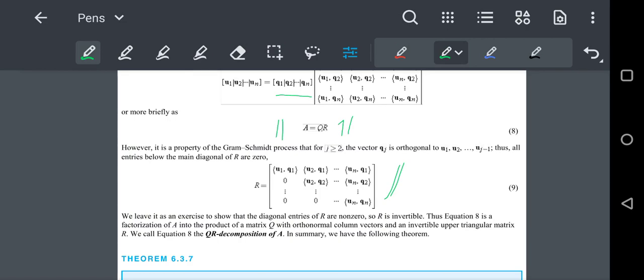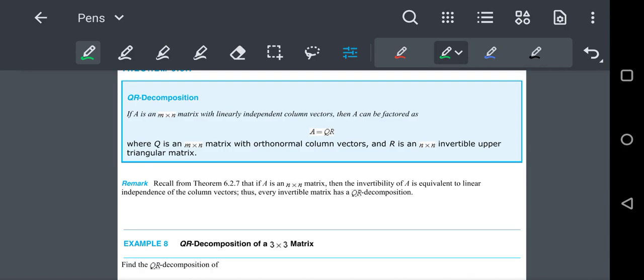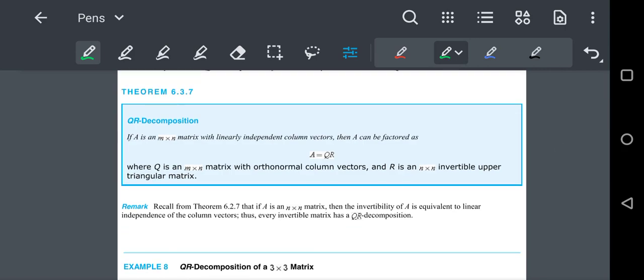This is how R will look: the first row is inner product u1 q1, u2 q1, and so on up to un q1, and the second row is 0, u2 q2, and so on up to un q2, and it goes on till the end. This process is called QR decomposition. So this is the theorem statement for QR decomposition.